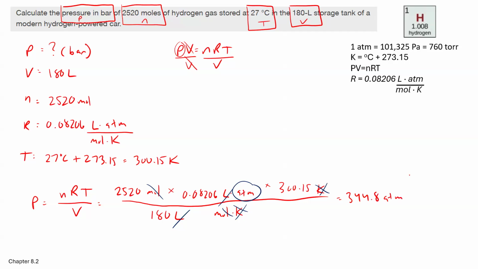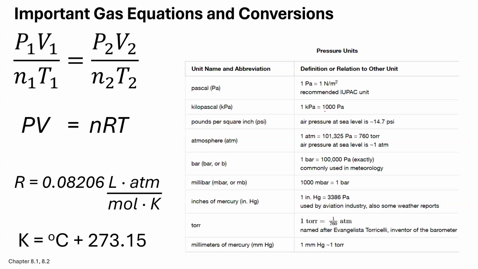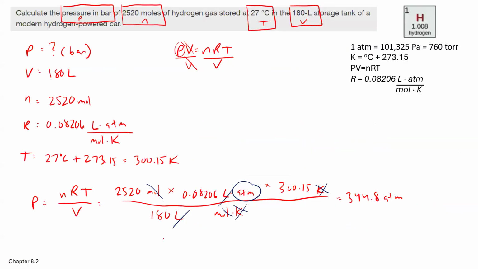So what we have to do here, since it wants it in bar, is we have to convert that to bar. We don't have a direct conversion there. Let's find bar here. Looks like we have to go from ATM to pascals to bar. Okay. So let's do that. We have 344.8 ATM.